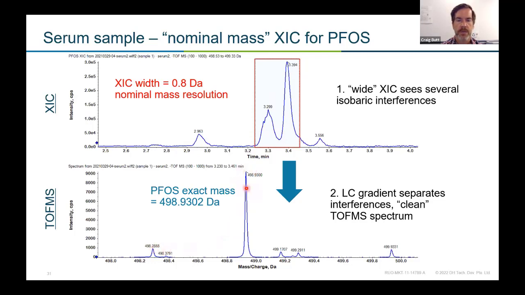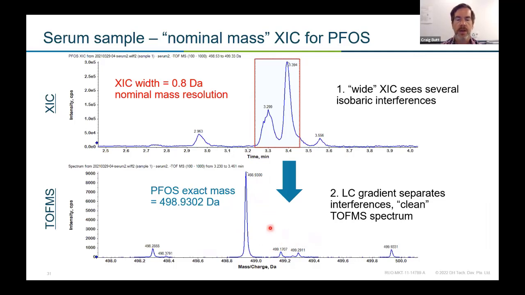So this one here, 498.9300, that is the exact mass for PFOS. And you can see here there are some other compounds that are present. In our case, we are able to use a chromatographic gradient that's able to mostly separate those out, but not fully. And what I want you to pay attention to, hopefully you can see it, is that these interferences are really different from our PFOS in the decimal places, right?